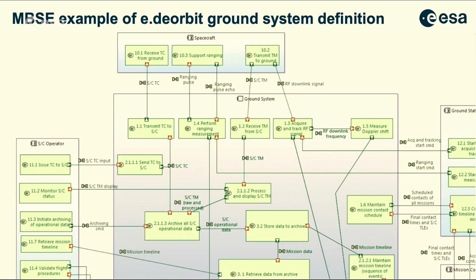And one nice thing also about MBSE is when you define an interface, which is simply drawing a line between one functional block and the other one, you can indicate what format that interface needs to be. For example, we can indicate what kind of format the housekeeping data needs to be sent to Earth, or what kind of format a telecommand needs to be sent to a spacecraft.